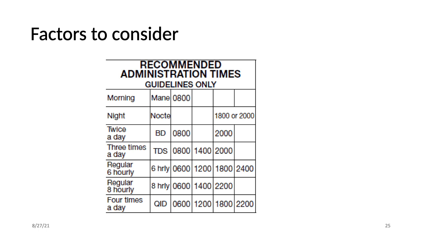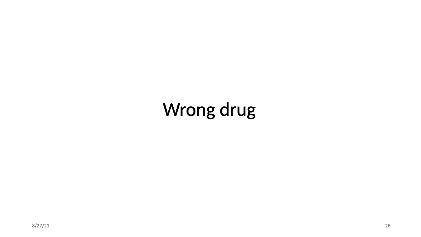Sorry, regular 8 hourly is given at 6 in the morning, 2 in the afternoon, and 10 p.m. So it's better you go with the hospital scheduling so that you don't burden your nursing staff.